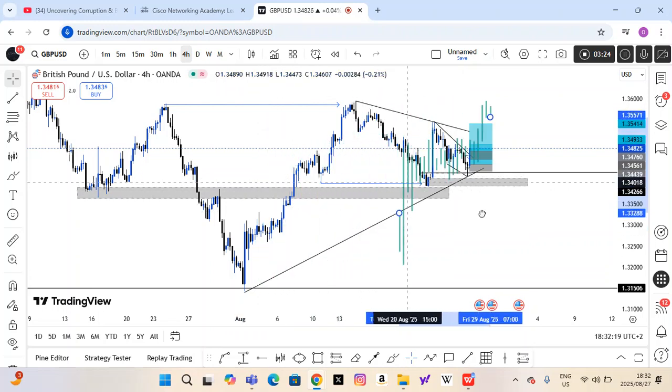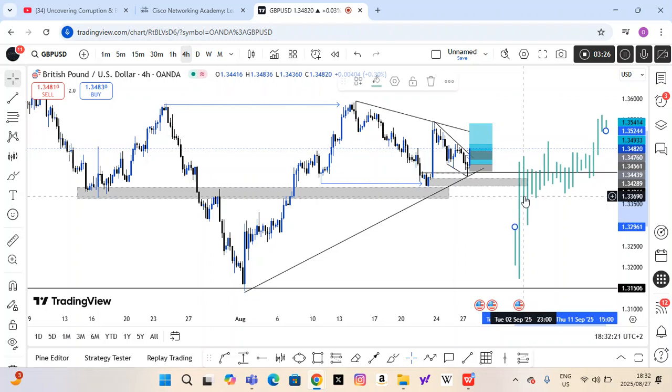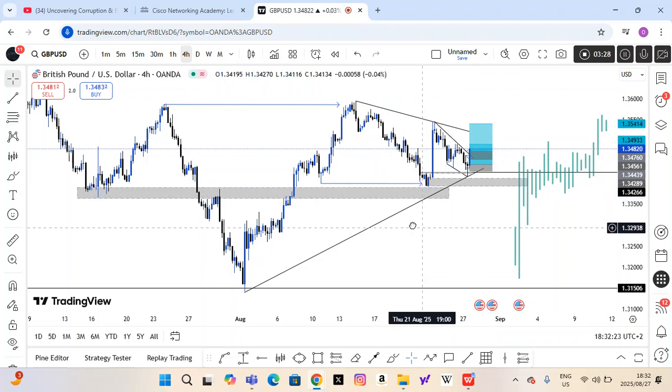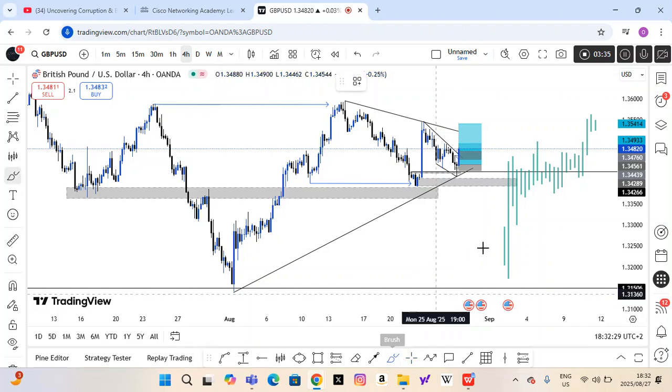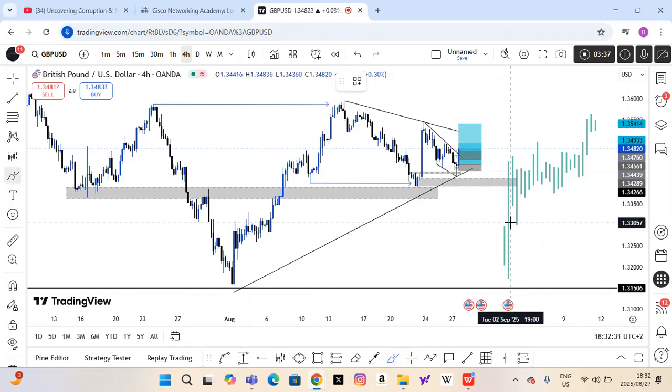Then as you can see, they might not be the same candle to candle or formation by formation, but the main point is that structure wise they form the same thing.